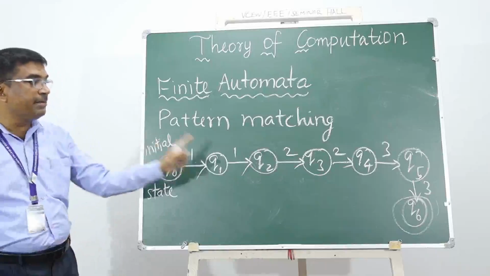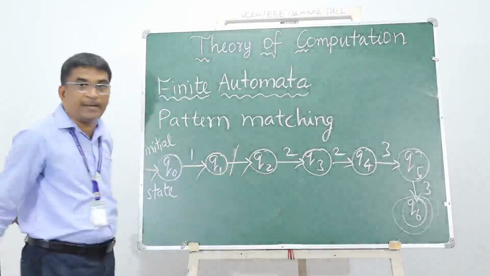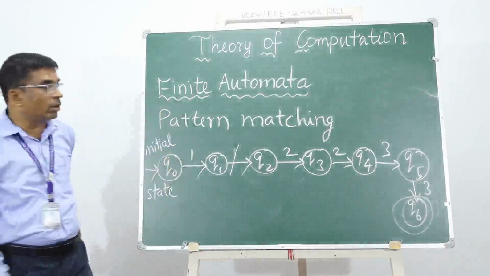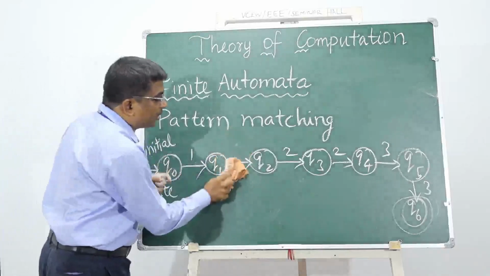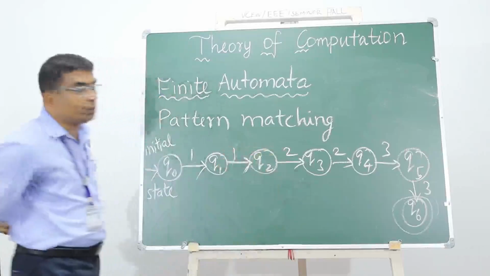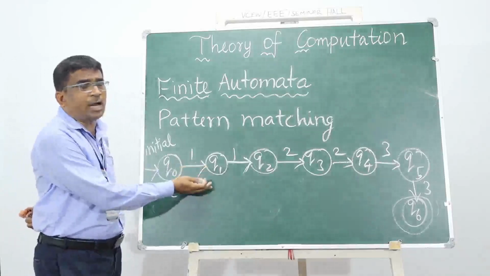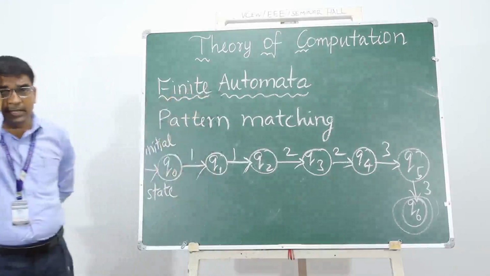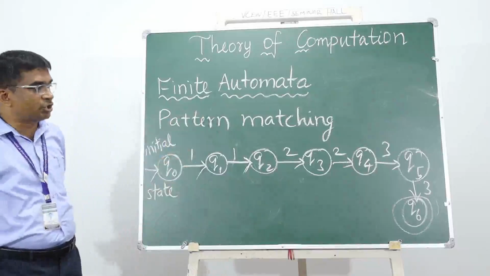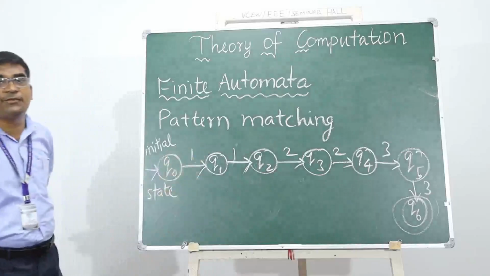Suppose in between I missed a transition, then this pattern is not recognized by the finite automata. So the correct recognition of the given pattern is 1 1 2 2 3 3. By using this transition diagram, our finite automata tells us this pattern is recognized. Even from this diagram we can construct the transition function.